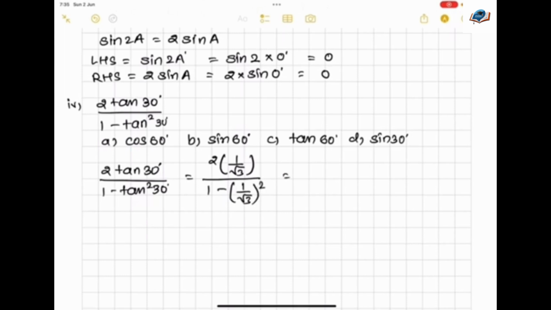So that will be 2 by root 3 upon 1 minus 1 upon 3. So 2 by root 3 into 3 upon 2. So 2 cancel. So root 3 will be my answer. So that is tan 60 degree.